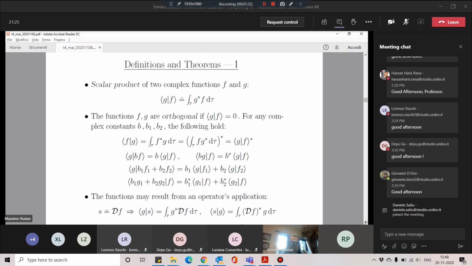So operating with d over f yields another function that we call, for instance, s. And then we take the scalar product of g with s. If you write it down explicitly, you obtain the integral of g star followed by d operating on f, integrated over tau.